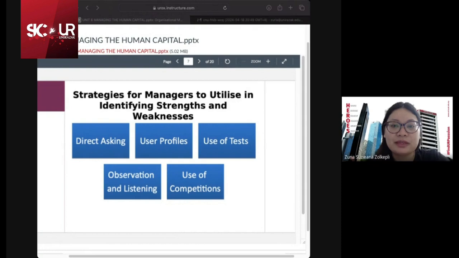I'm not sure how managers should do this, but maybe keep a tab on your employees so that you know what their strengths are.